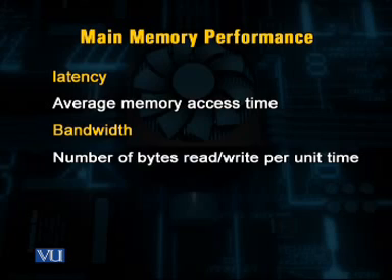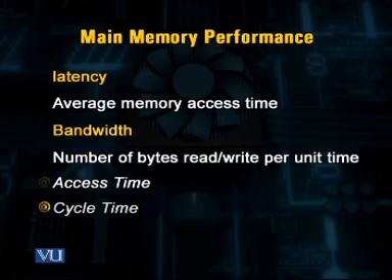Here, the latency deals with the average memory access time, whereas the bandwidth depends upon the number of bytes read or written per unit time. The latency of main memory is mainly the concern of caches, as it determines the cache miss penalty, which is a measure of access time and the cycle time.